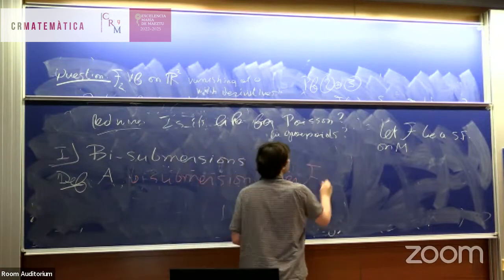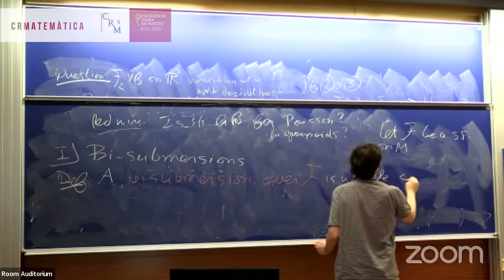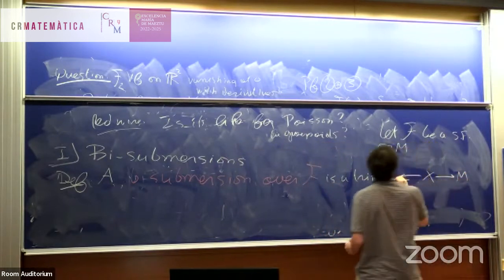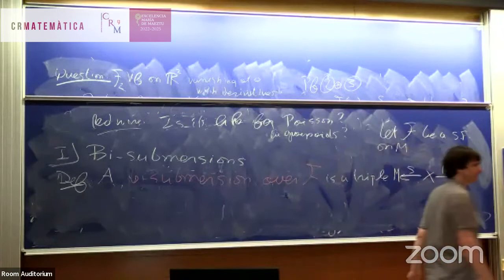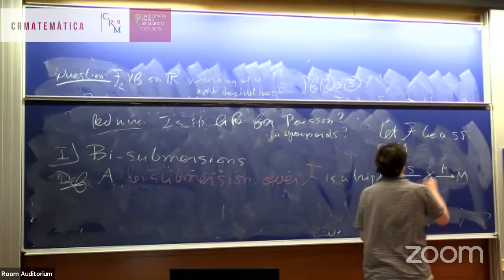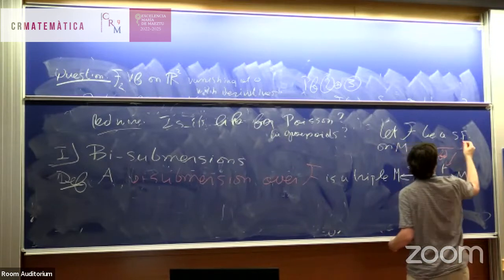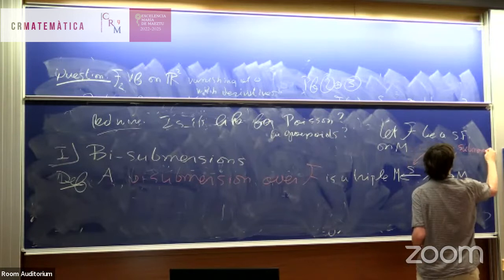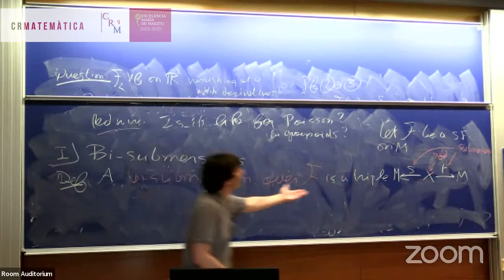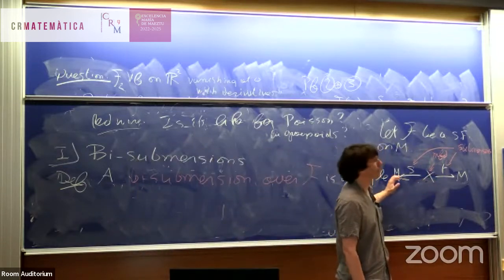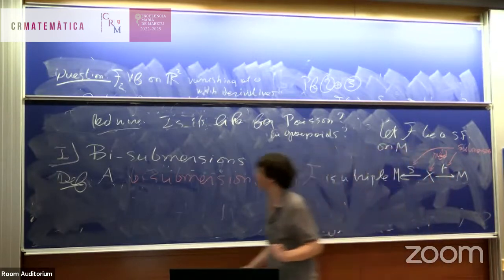It's over F, with a triple (X, S, T), where X is a manifold and these two maps are submersions, maybe not surjective, by the way. That's why it's called a submersion. I have X and two maps, source and target, which are submersions. But you have conditions, of course.